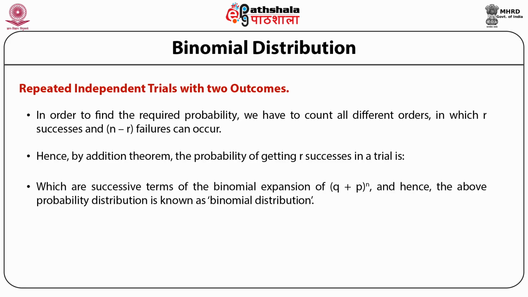That is why it is known as binomial distribution, after Bernoulli's name. It can be noted that sum of all probabilities is 1, because q^n plus nC1 p raised to power 1 q raised to power n minus 1 plus dash up to p^n reduces to p plus q raised to power n. And since p plus q is always equal to 1, 1 raised to power n is 1.